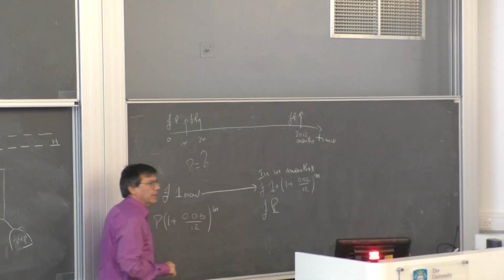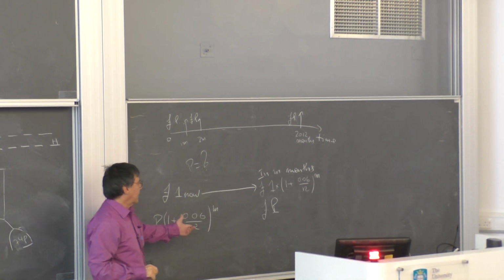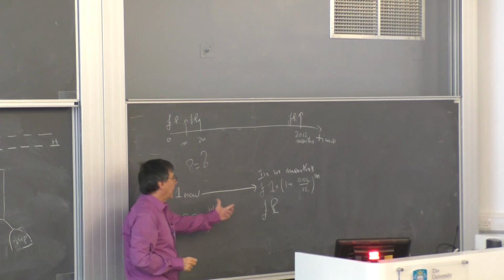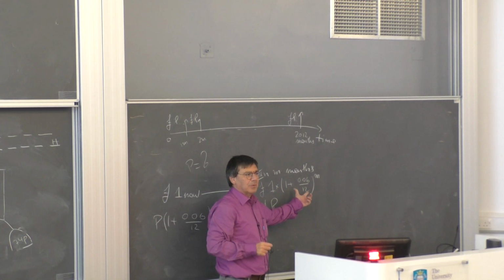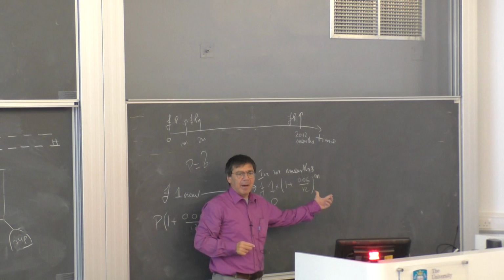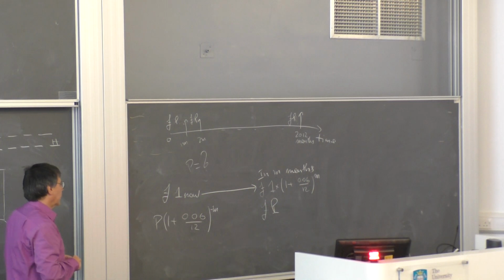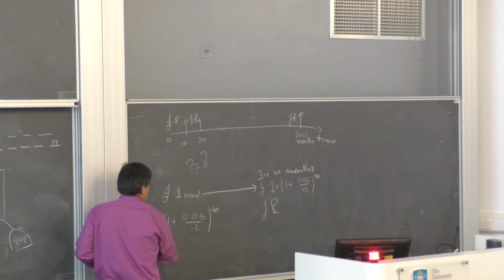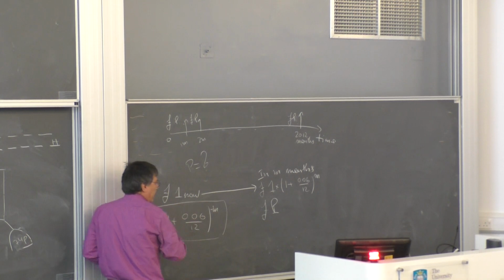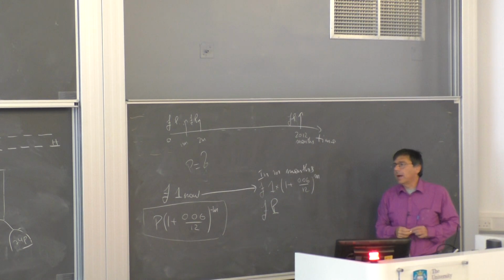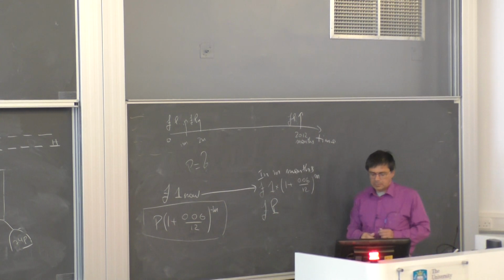If you don't believe me, take this number, multiply this by this factor to translate this back into money paid in M months, and you're going to get P, right? So this is the answer to the question you see there. This is how much the bank is willing to pay now to receive P pounds in M months.